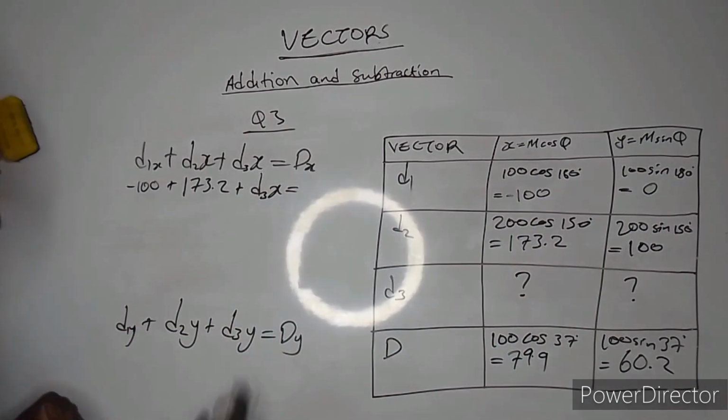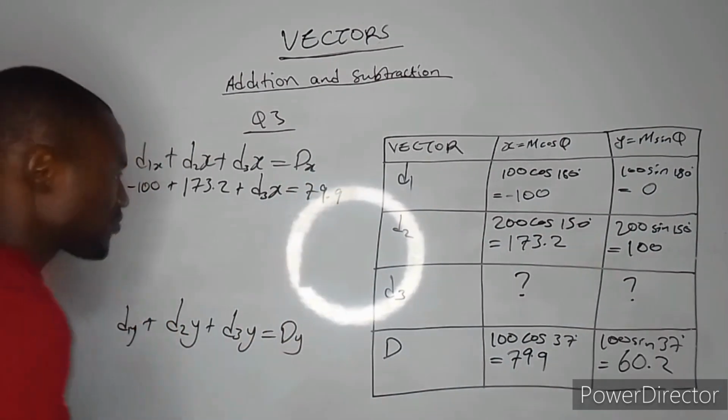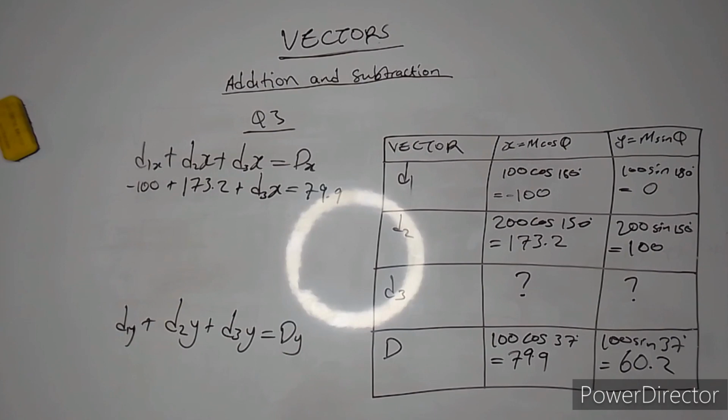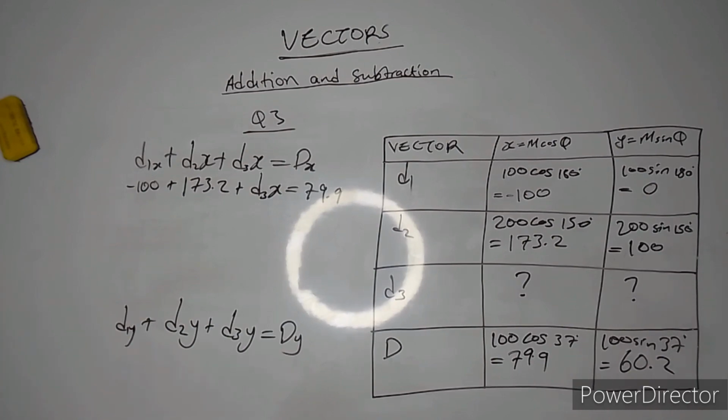Then dx, which is 79.9. Okay, now after doing that, where are we going? Simple. We add this. Now, what do we get when we add this?